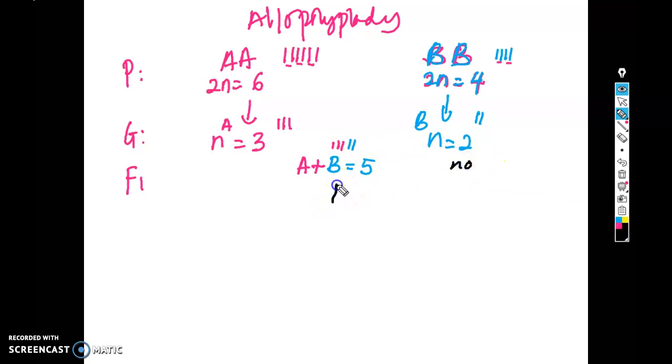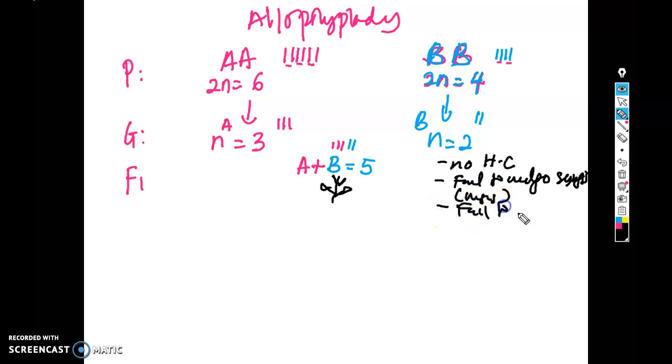Because this plant has no homologous chromosomes, the chromosomes fail to undergo synapsis or meiosis, and they fail to produce gametes.